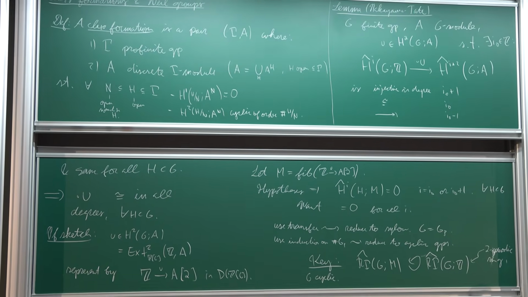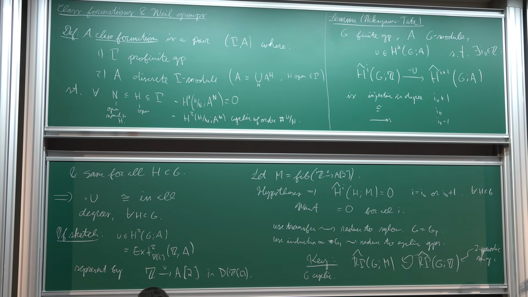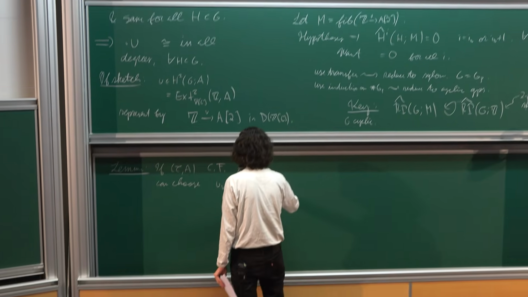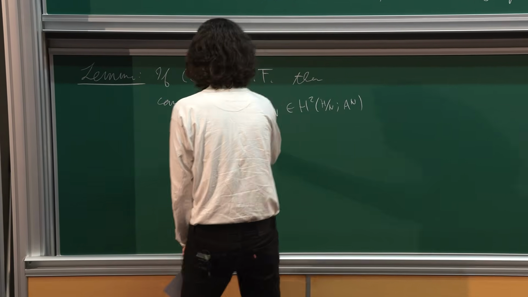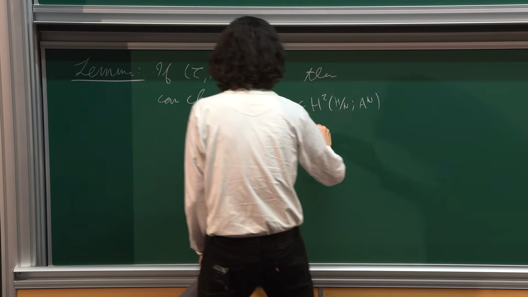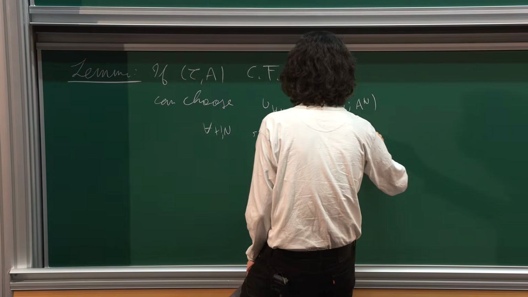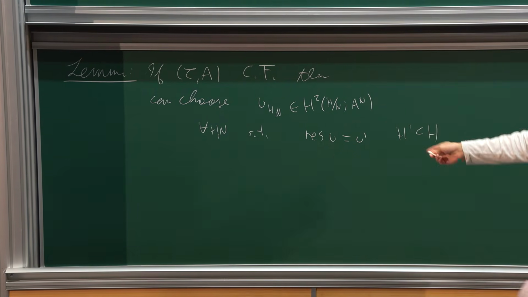And the lemma says that you can choose reasonable generators that are reasonably compatible. So you can choose u_{H/N} for all H, N as above, such that if you have a situation like this and you restrict u, you get u prime. I'm going to use obvious notation here.